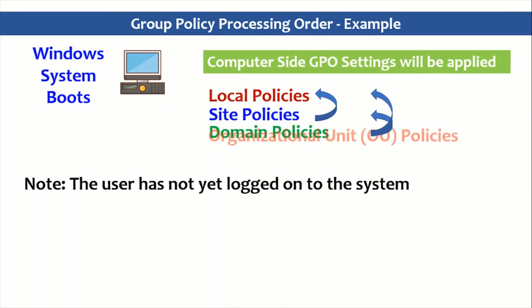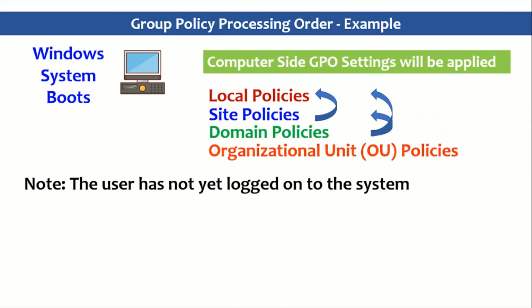And last but not the least, this computer will be part of an organizational unit in Active Directory, and the OU level policies will be applied, and they will override local, site and domain policies. Now we have to remember one thing: the user has not yet logged on to the system. So the computer side group policy settings are applied, and it has worked in this particular fashion.